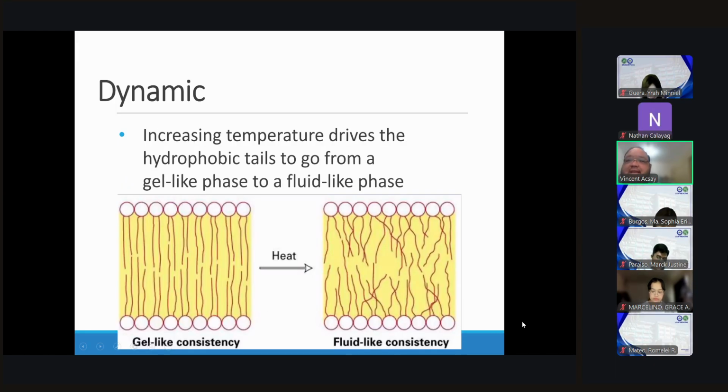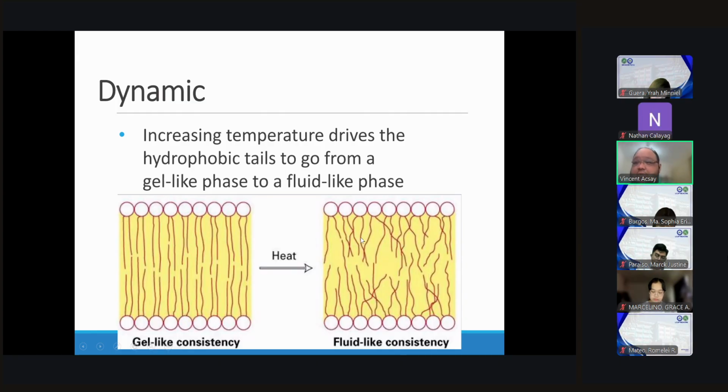So what do we mean by dynamic? They can be affected by external stimuli. So here, increasing temperature can drive hydrophobic tails to go from a gel-like phase to a fluid-like phase.